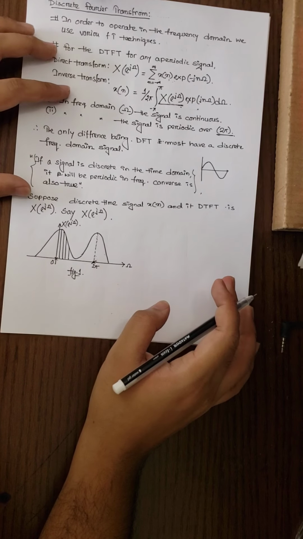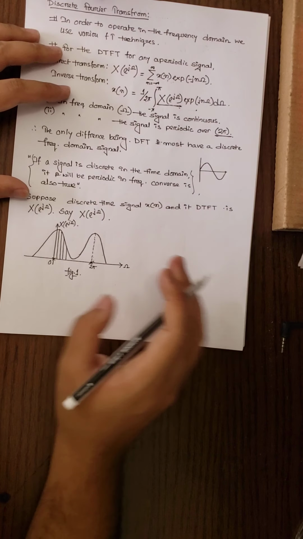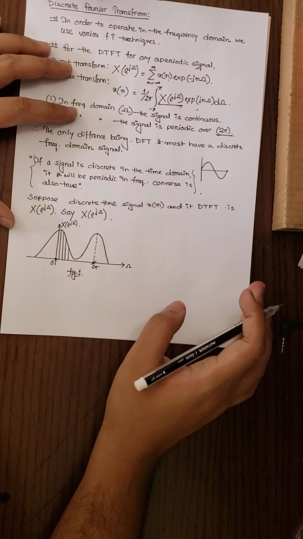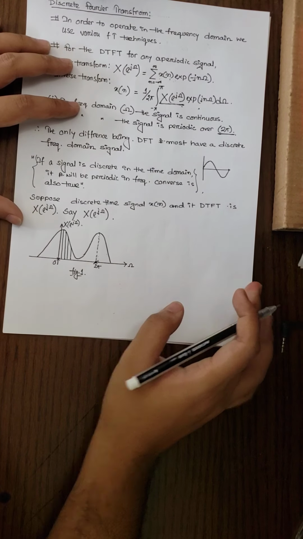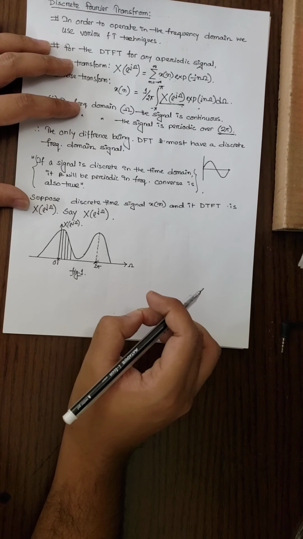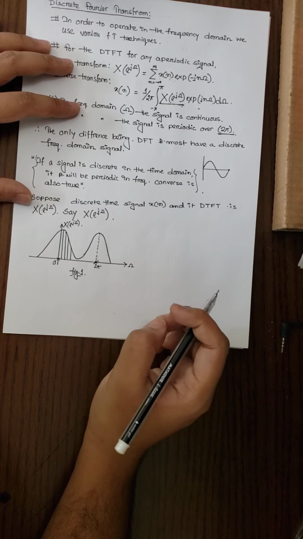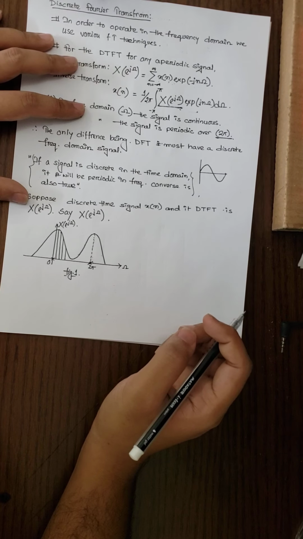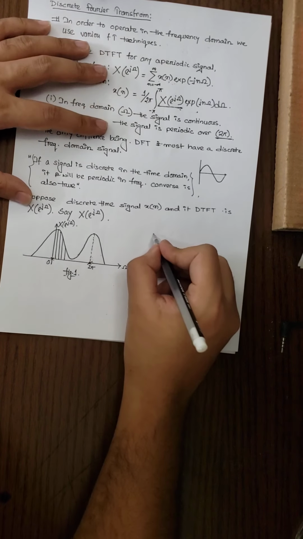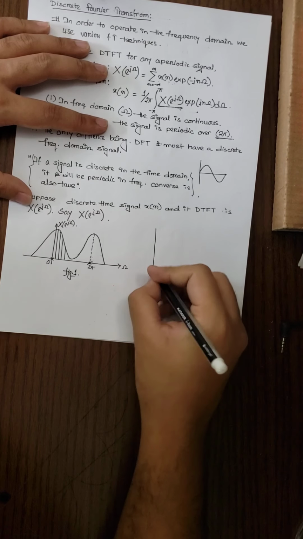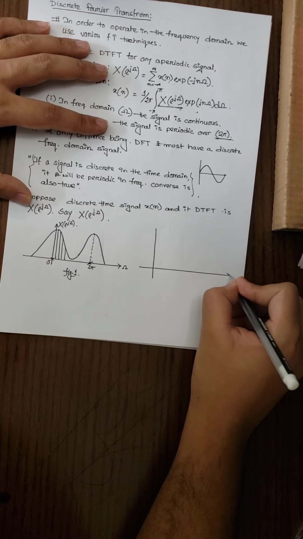So what we are doing is essentially sacrificing some of the data or information of the signal in order to understand the signal much better. This process is called sampling. So if we sample this signal, what we will get is something like this.